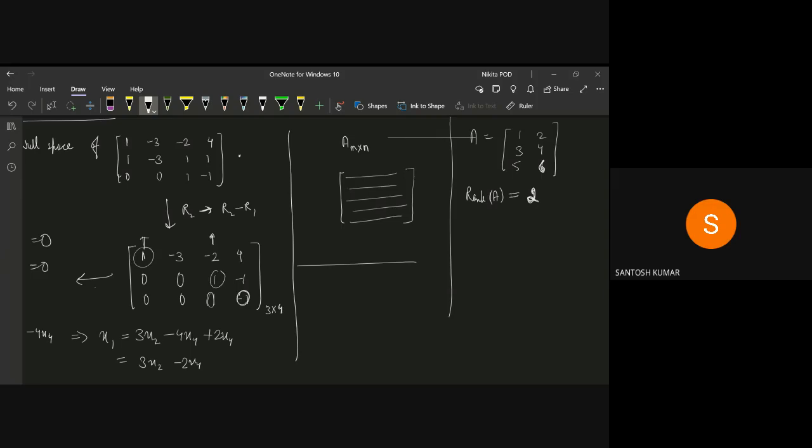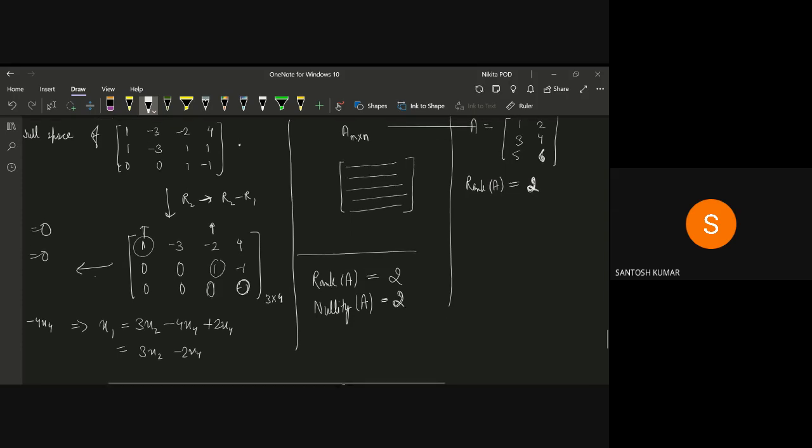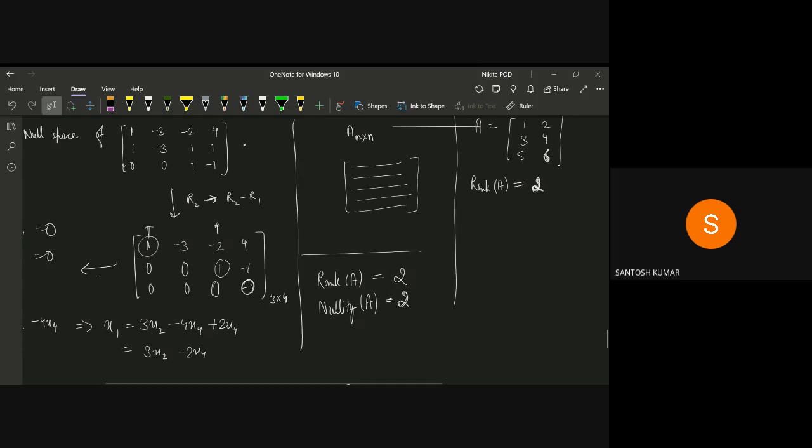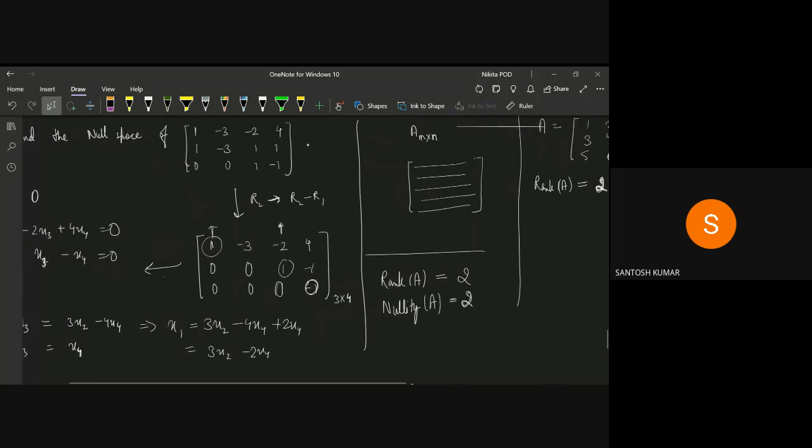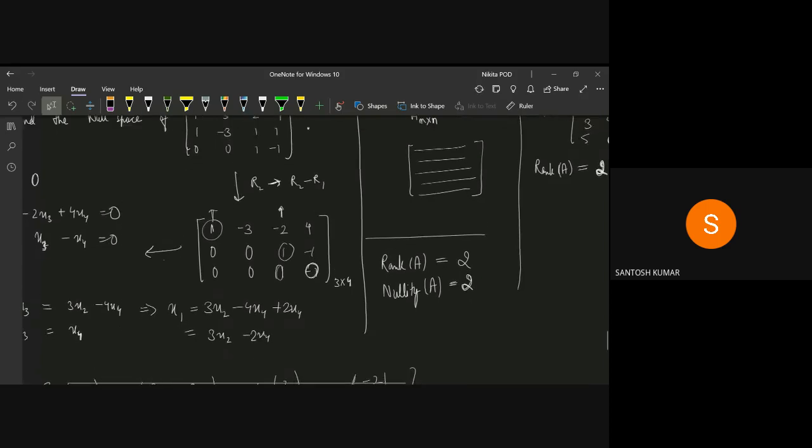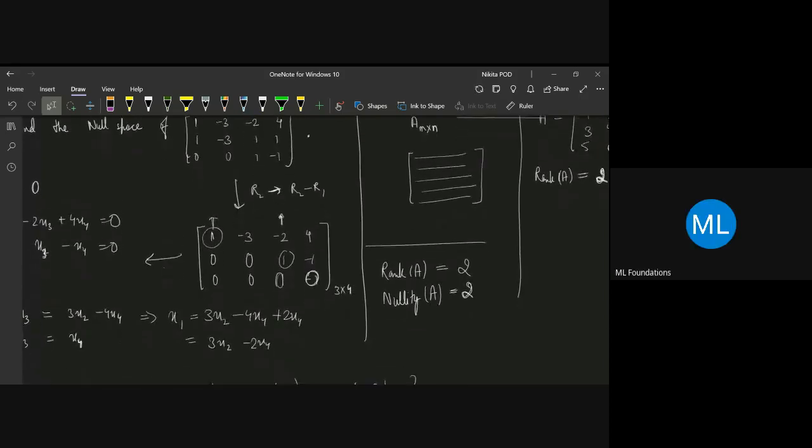So in this case, what is the rank of the matrix? It is 2. And the nullity of A is 2, you have two free variables. The total number of columns is 2 plus 2, so the number of columns is 4.